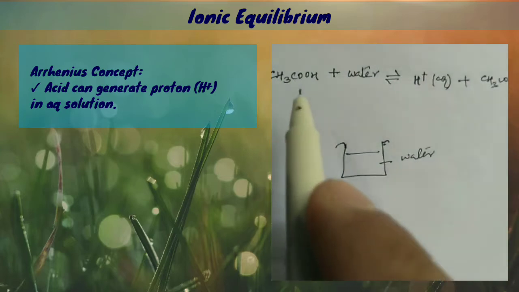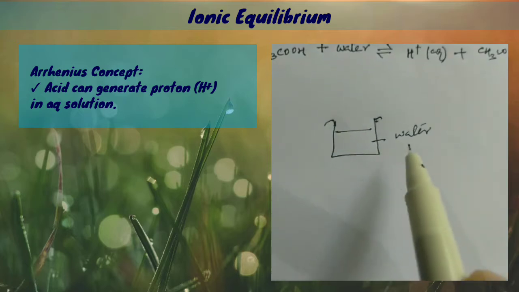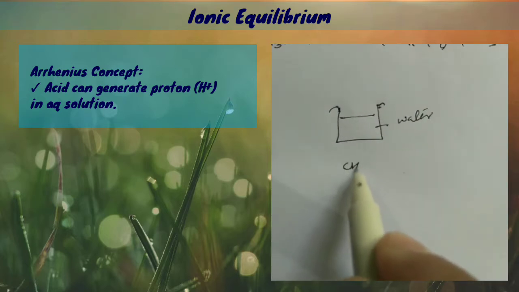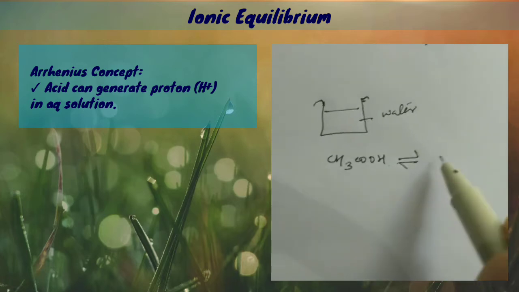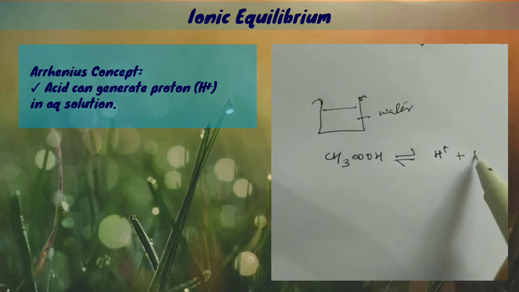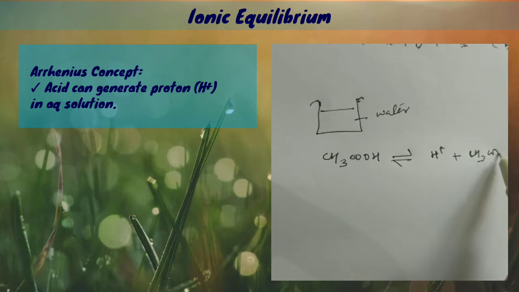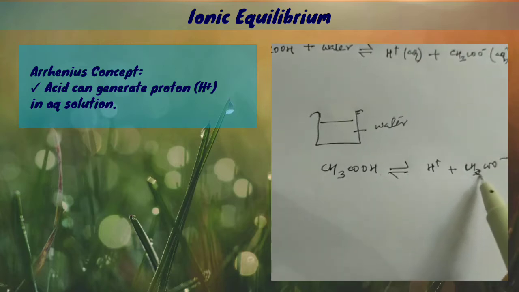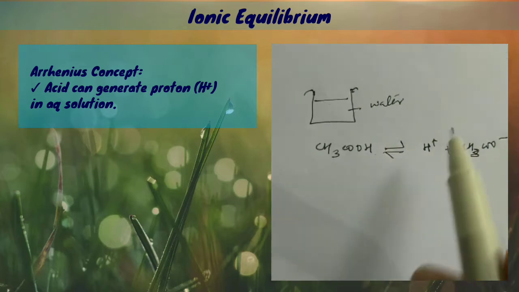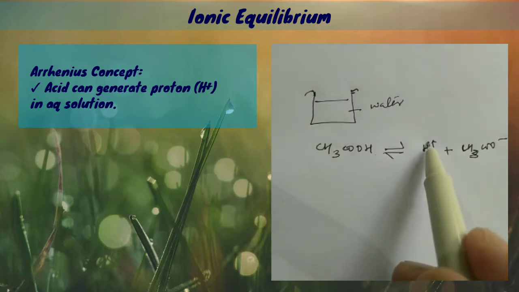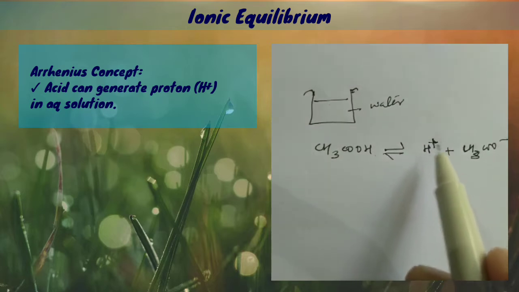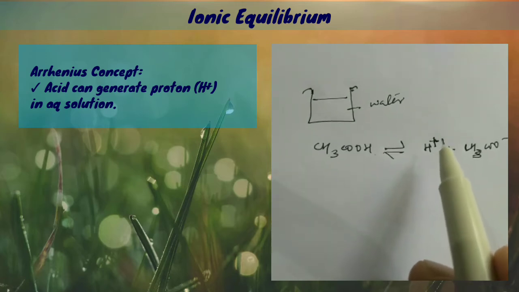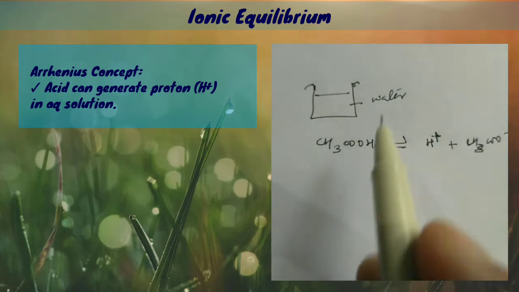So when the acetic acid is added to that water, what is going to happen is that the acetic acid will form H+ ion plus CH3COO- ion. But here the H+ is a positive ion, which means it carries positive charge.